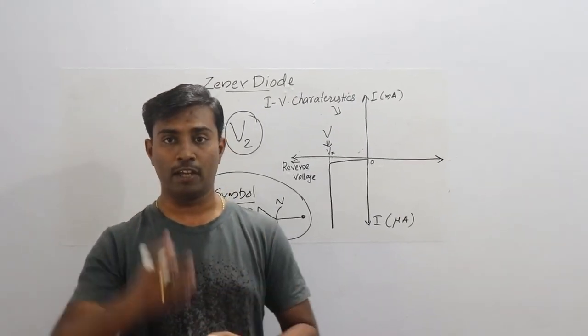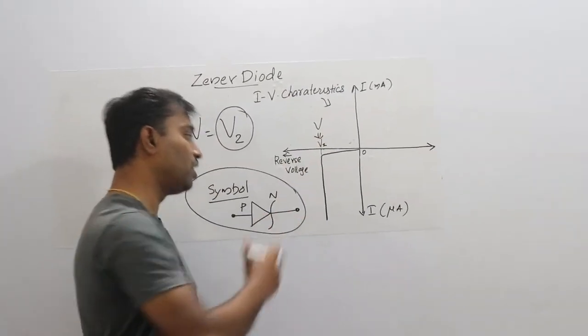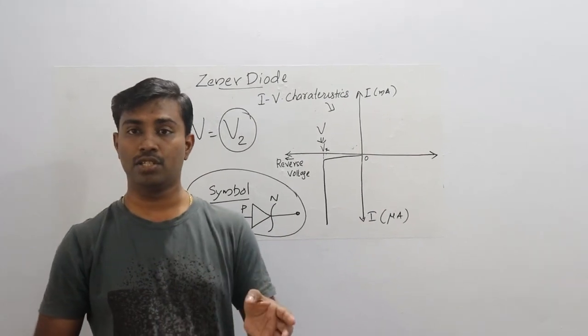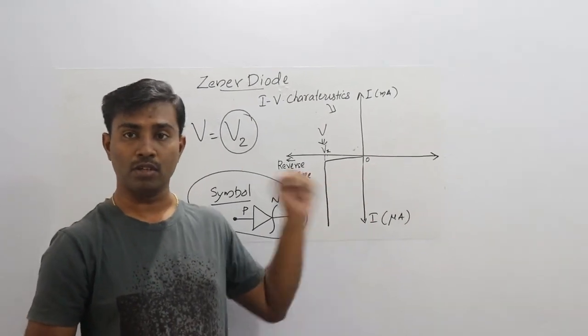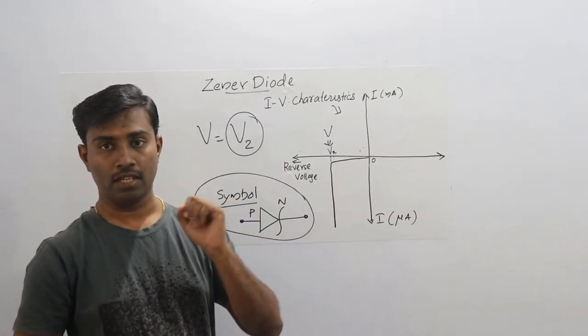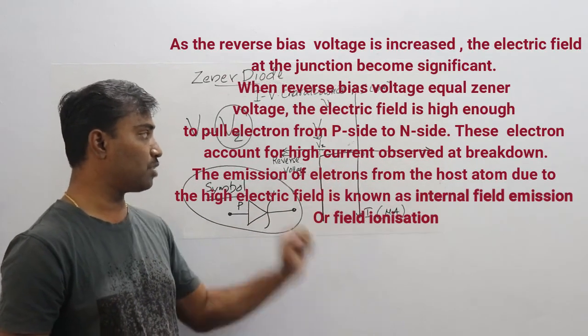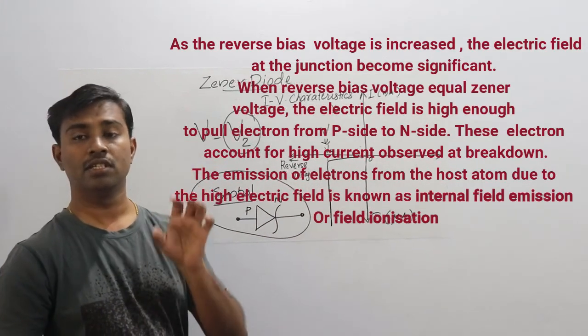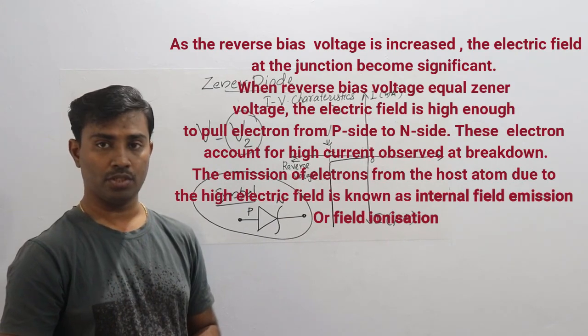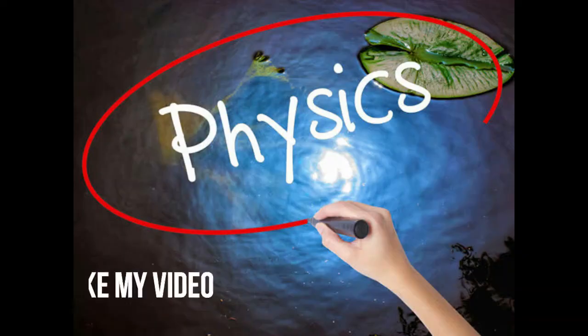That's why we see a sharp increase of current at the breakdown voltage. Clear? So that is the reason for the sharp increase of current at breakdown voltage.